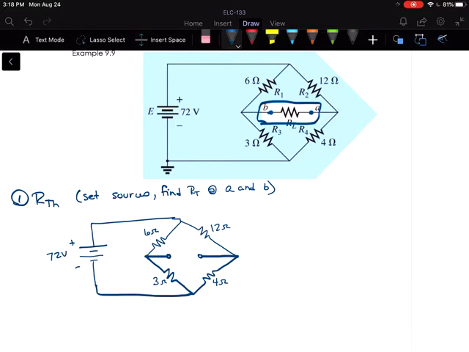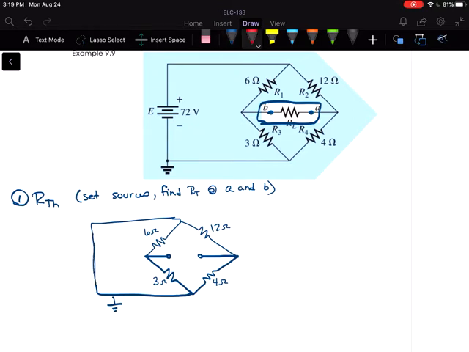Now R Thevenin, to find R Thevenin, we have to remove our voltage source. And when we remove the voltage source, we of course set that to 0. So when we set a voltage source to 0, that shorts it out.